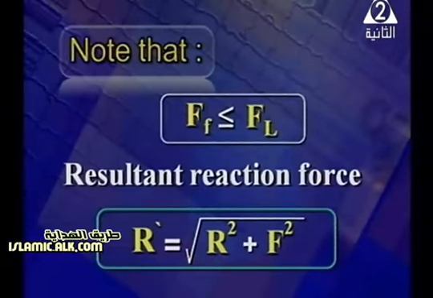In this case, we have a very important equation. R dash, what is the meaning of R dash? Resultant reaction force equals square root of normal reaction squared plus F squared. What is the meaning of F? F is the limiting friction force.